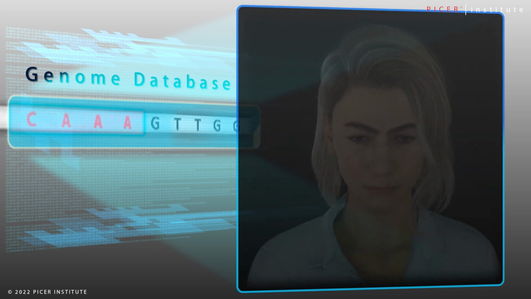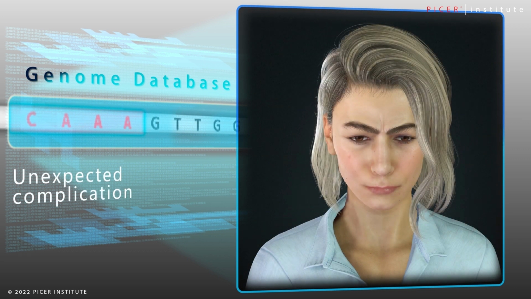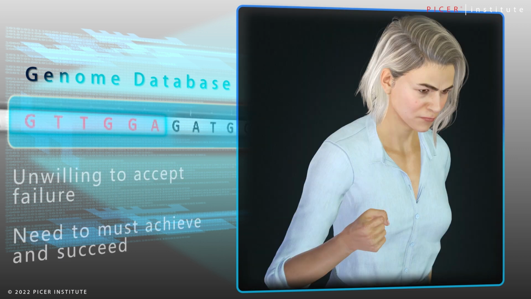In the event of things, CAA is an unexpected complication or hiccup that things do not go according to expectation, or losing something, causing unhappiness and disappointment. And GTTGGA is unwilling to accept failure and a need to achieve and succeed.